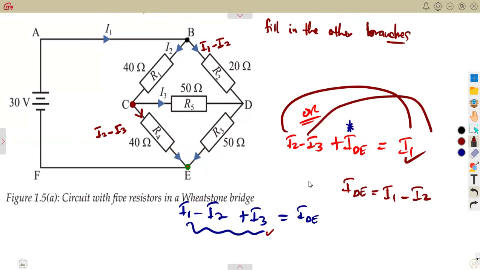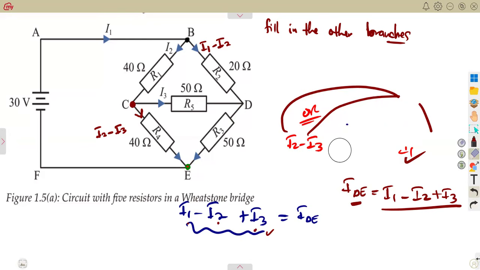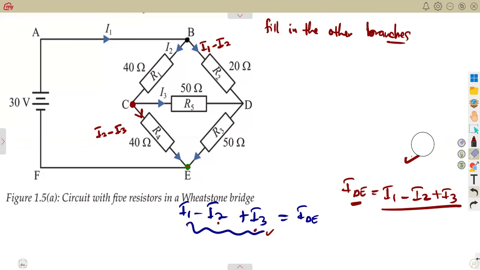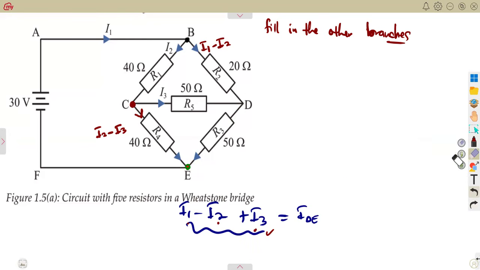You take minus I3, remember it was a minus, so it will be a positive there. As you can see, that's the same expression that we have for the current across the branch of DE: I1 minus I2 plus I3. That's another way that you could have determined this same current.